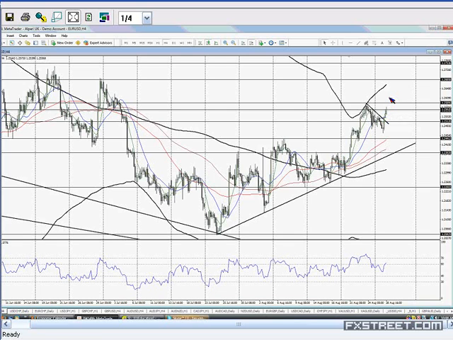Earlier in the month, I remember talking about this euro strength anticipation throughout August, because it seems like September is the big month where there's going to be some implementation of solutions, like the ESM is going to go online in September, and anticipation of these things can give the market hope.